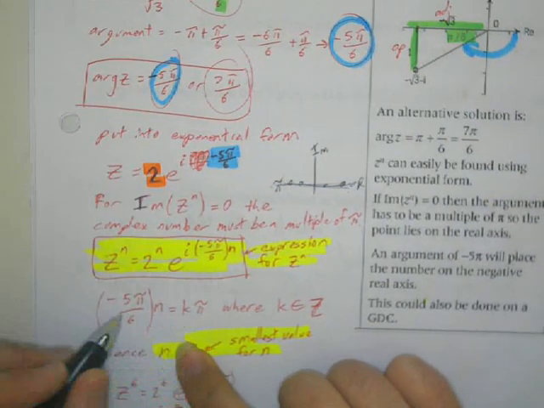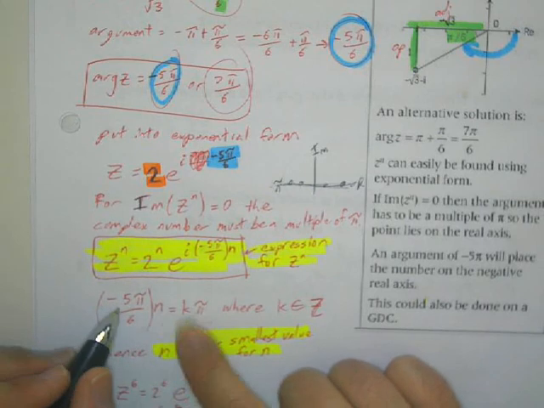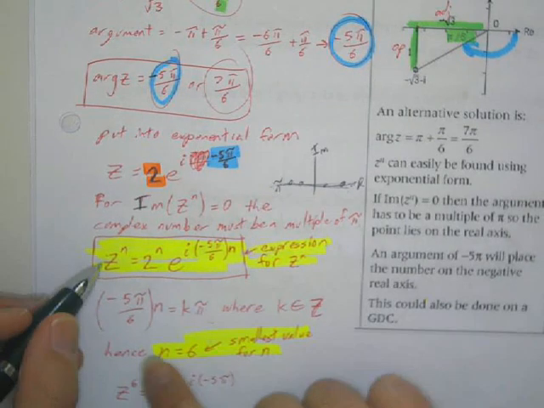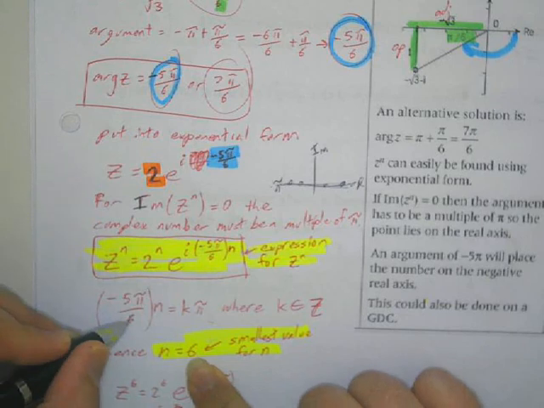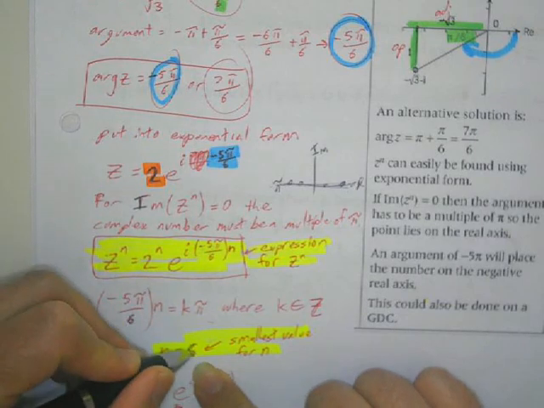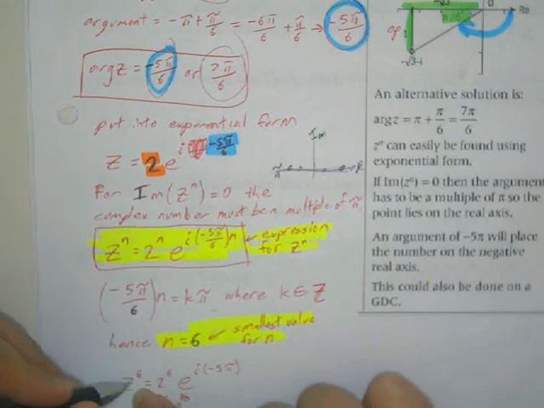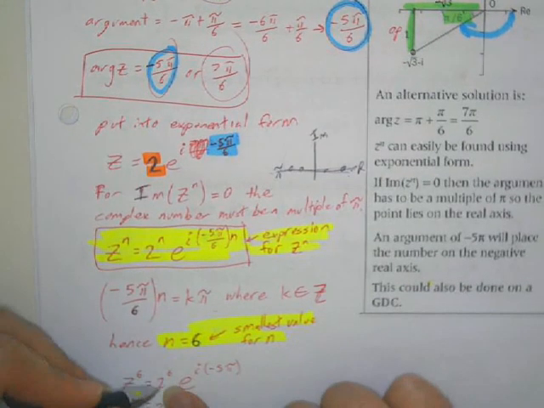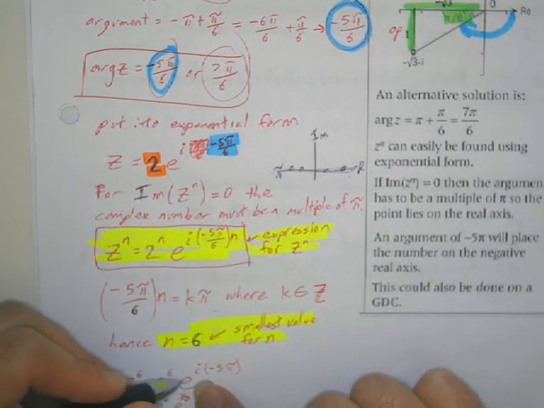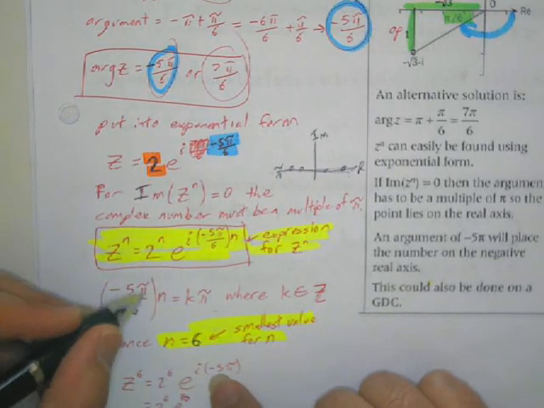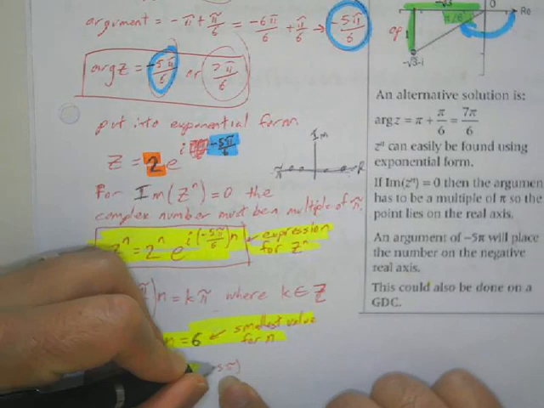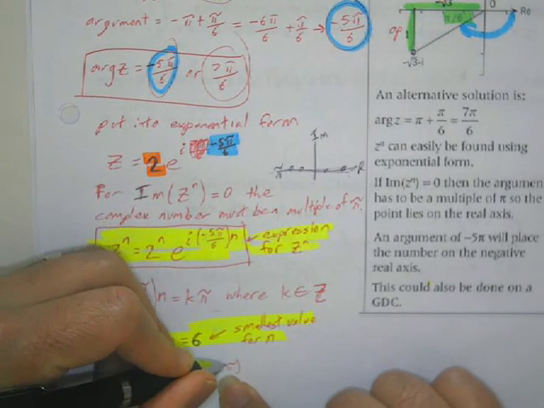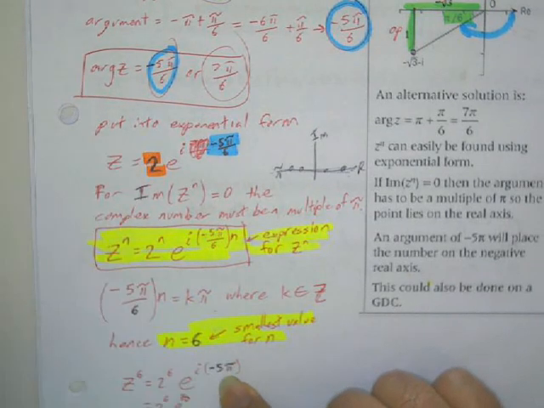if we multiply this to the 6th power, then we're going to get rid of the 6 in the denominator. So I end up having z to the 6 equals 2 to the 6 times e to the i, and then the negative 5 pi over 6 times 6 is going to give me negative 5 pi.